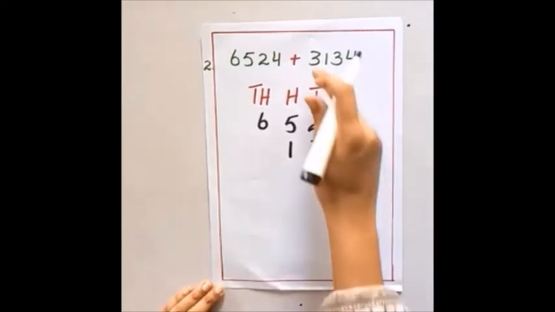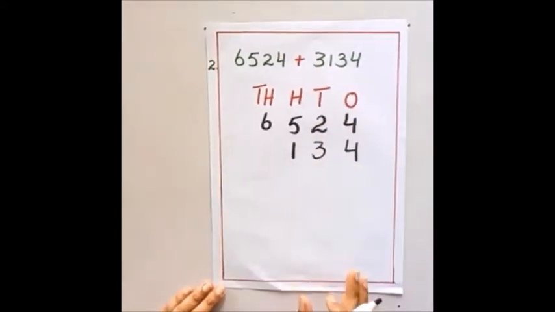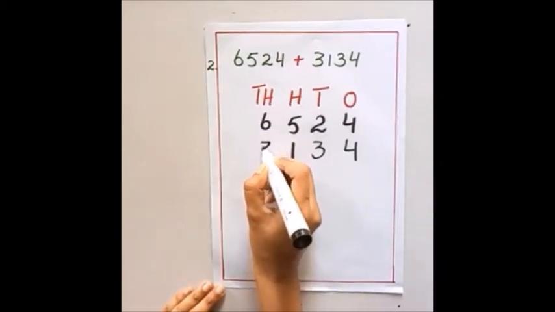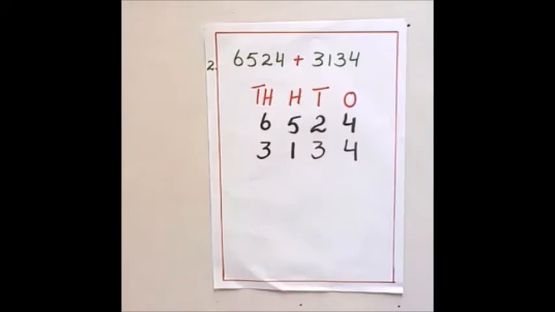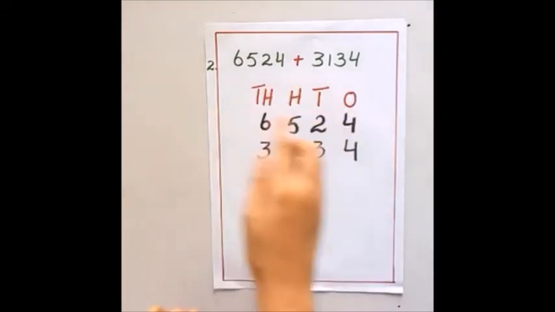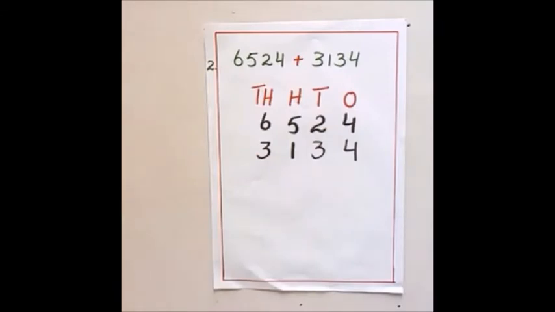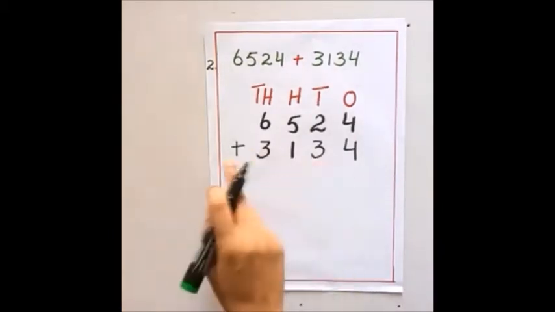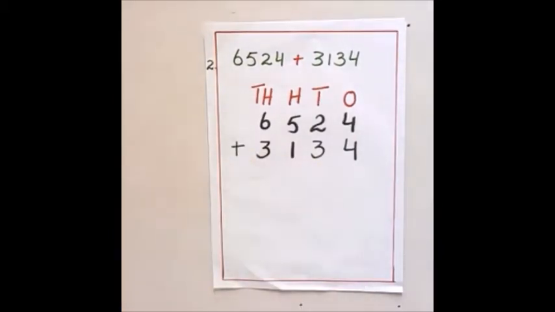Then there is number 3 which I will write under the 1000 place because it is in the 1000 place. And I need to add these two, so I write the symbol of addition in front of this number, and then I will start addition from the rightmost side, that is the ones place.